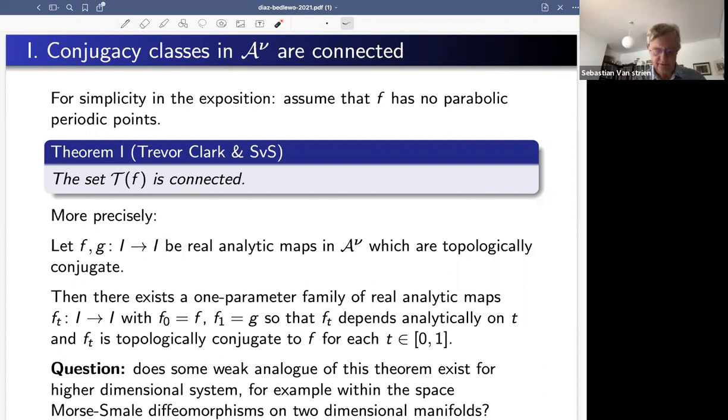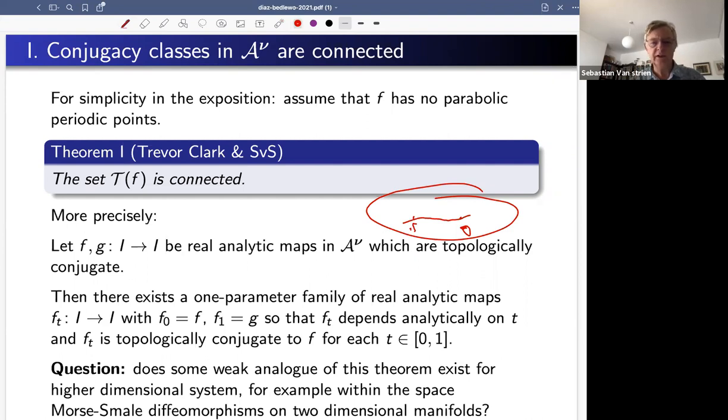And so the first theorem says that conjugacy classes are connected. In some sense this is quite a remarkable result: you look at this full space of maps, this huge space of maps, and now you take two maps which are conjugate. In fact, the claim is that if you have such a map F and another map G, then there's an arc connecting the two.